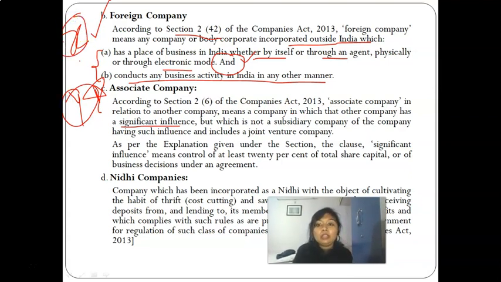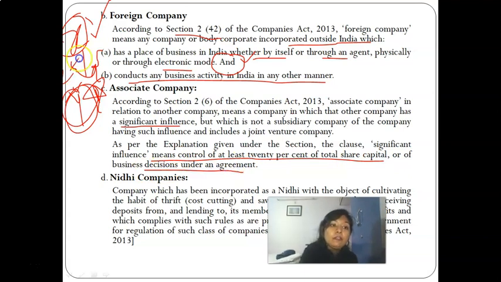How will it be? So it means in relation to another company, that is this, a company in which that other company, that is X company, has a significant influence. How will the significant influence be there? It means a control of at least 25% of total share capital or business decision under an agreement.